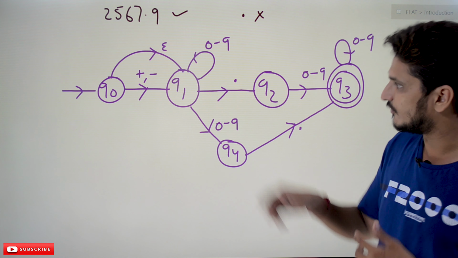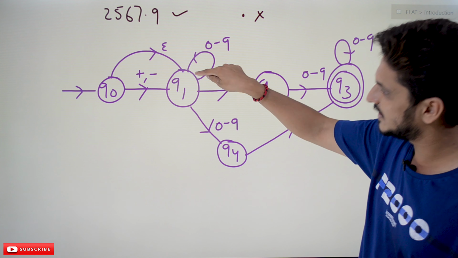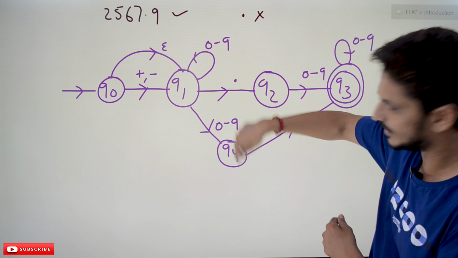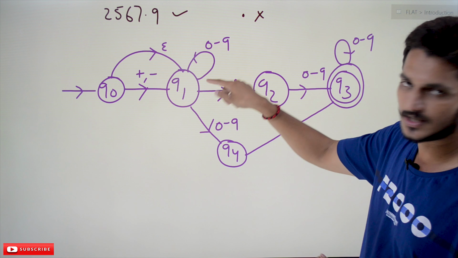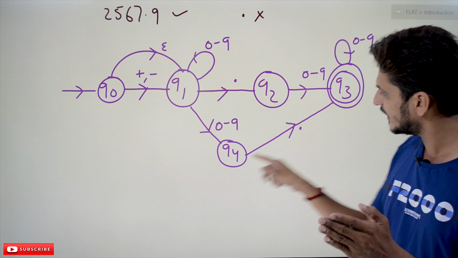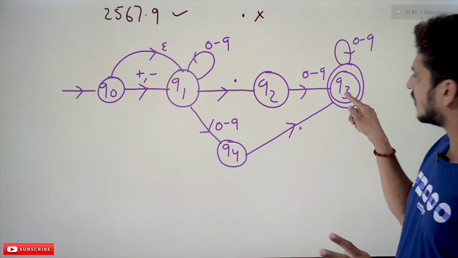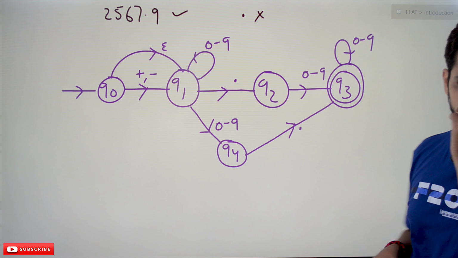If initially we find digits, we stay here and also move one step in this direction. This is an NFA, so we can go two ways. After finding any number of digits, we will definitely find a dot, otherwise don't accept. That's why after taking the dot we move to the final state.